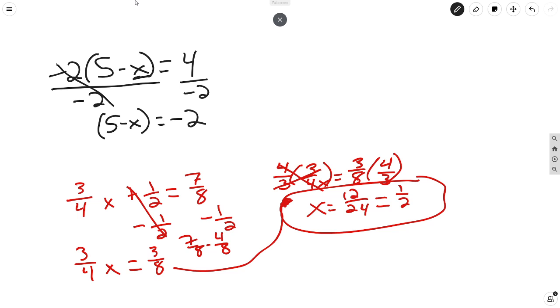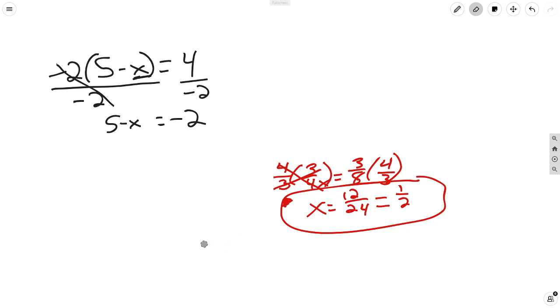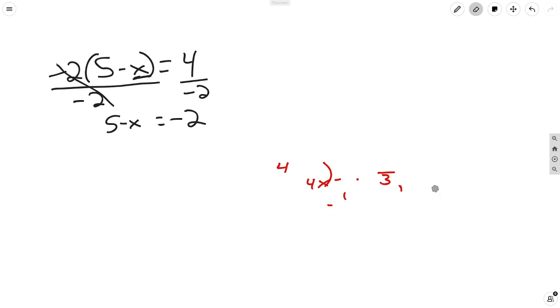So then we can get rid of these parentheses, because there's nothing else there. We don't need to worry about them. And then I'm also going to erase this stuff here so we can keep working. Alright, so the next thing we need to get rid of is that 5.